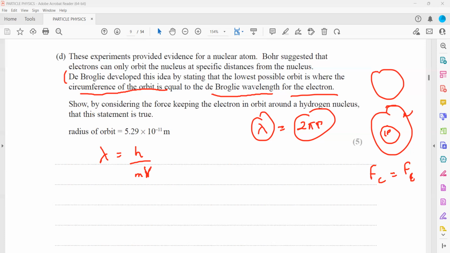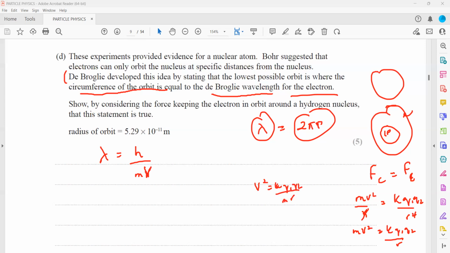Centripetal force is given by mv squared over r, and the electrostatic force between the charges is given by k q1 q2 over r squared. When I simplify, one r will cancel with the square, so mv squared equals k q1 q2 over r. So v squared equals k q1 q2 over mr.